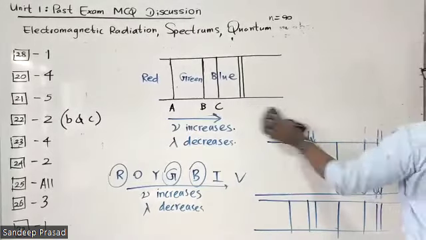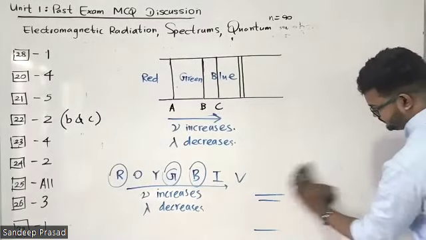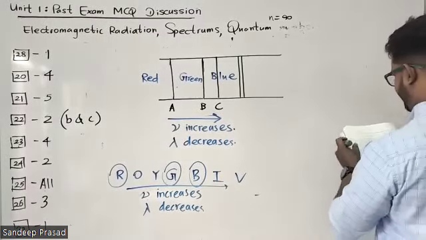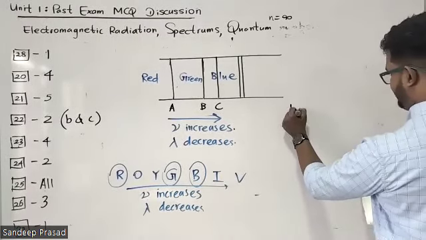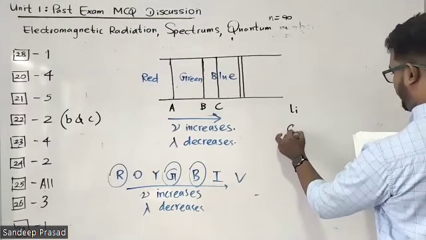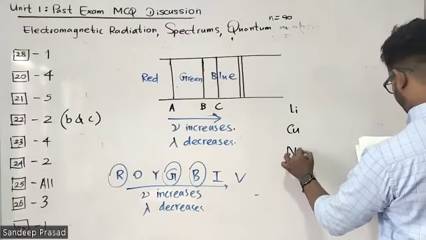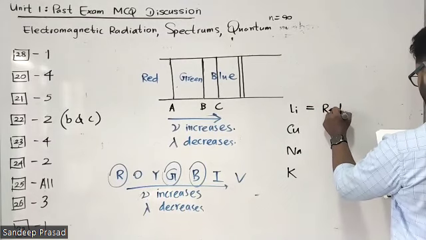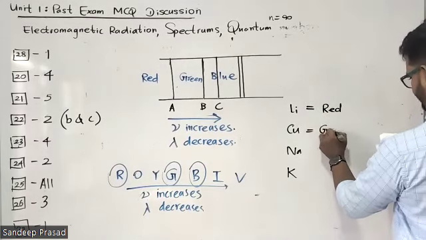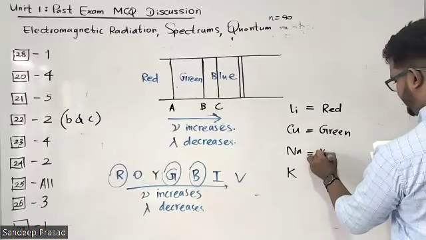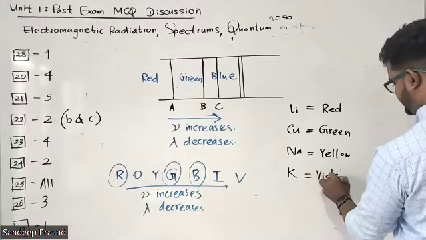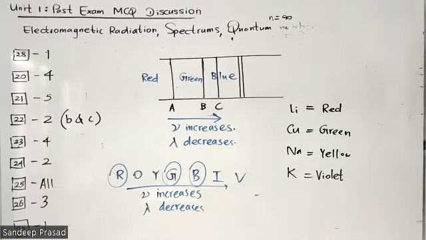These are the elements and their colors are also given. Lithium color is red, copper color is green, sodium color is yellow, potassium is violet. So these are the four colors they have given.